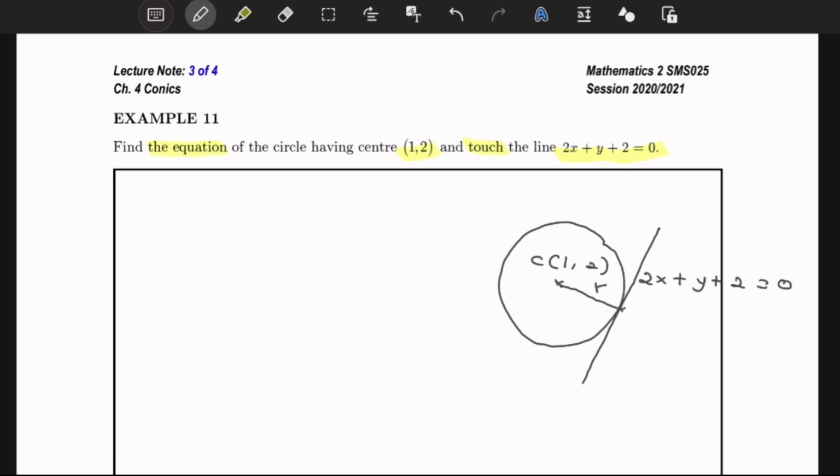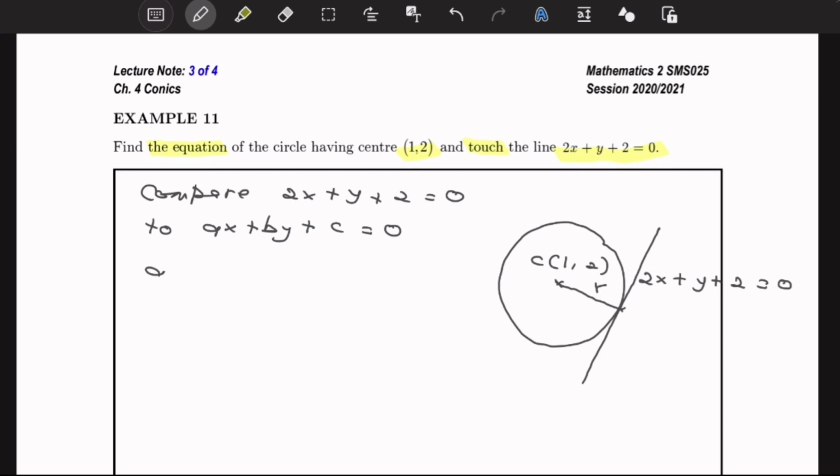So first what we have to do is we are going to compare 2x plus y plus 2 equal to 0 to the equation ax plus by plus c equal to 0.